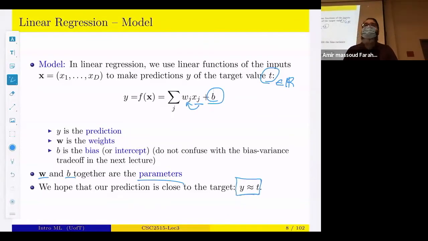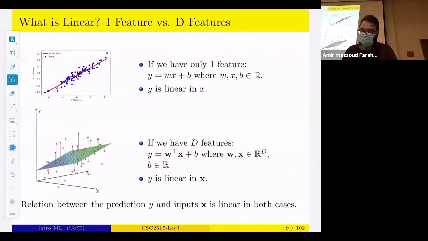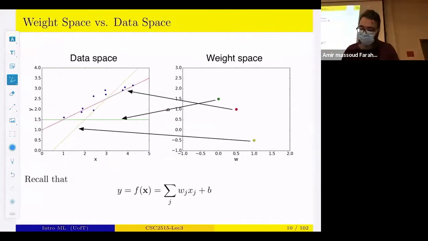This is what we want to achieve, but we haven't defined what closeness means. This shows what a linear model looks like: in the one-dimensional case, it's just a line. Two-dimensional is a plane, and in general d-dimensional, it would be a hyperplane.